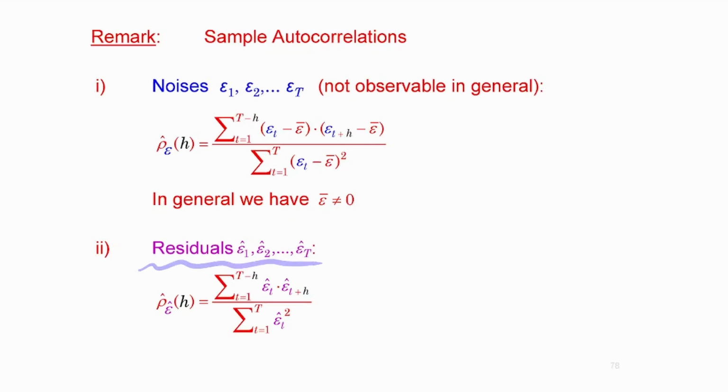Since this is not observable, it's clear that the corresponding noise at time point t is not equal to its estimate in general. So that should be clear, and so neither is the sample mean and the sample variance and the sample autocovariance.